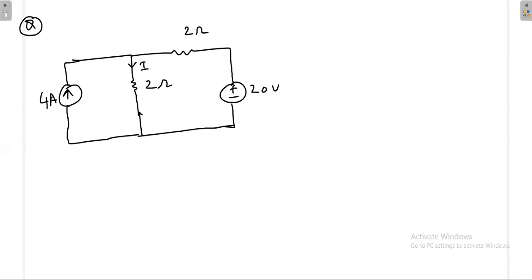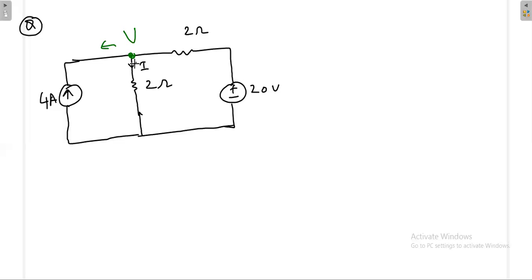You can apply the nodal or the branch current method. Now I am going to apply nodal. I take this node, I do not know the voltage, so I take it as V, then apply KCL at this node: the sum of the currents leaving the junction is equal to 0.